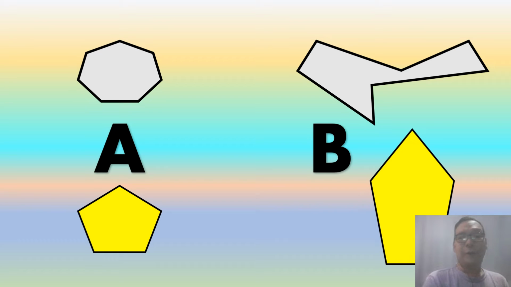Very good. So, perhaps the polygons in set A have sides with the same measurement, and the polygons in set B, the sides don't have the same measurement. Okay, so the polygons in set A and set B represent regular and irregular polygons.